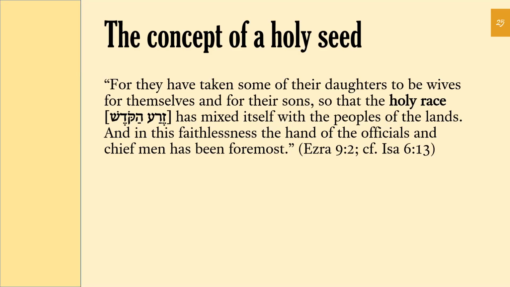And it looks like Ezra and Nehemiah understand themselves, the people of Judah, as the holy seed, and because of that they shouldn't intermarry, so they should keep it as pure as possible. Okay, do you have any questions so far?